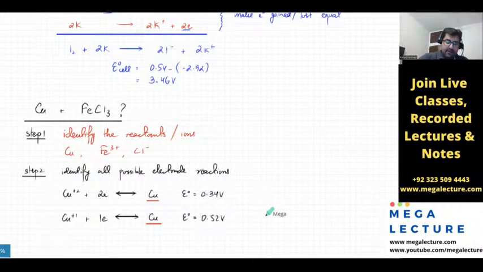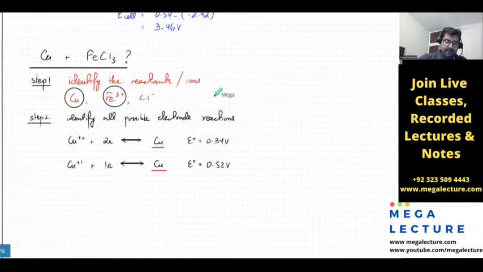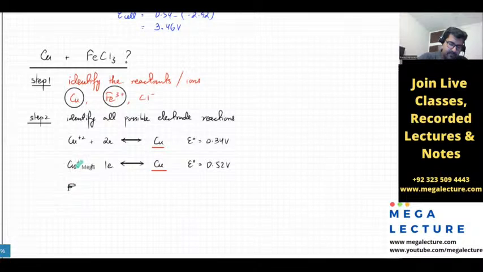Then I'm going to do it for Fe3 plus. I've done the first one, I've written down all possible things that can happen to it. I'm going to move to the second one, Fe3 plus. There are 2 possibilities. One is Fe3 plus gaining 3 electrons to form Fe.